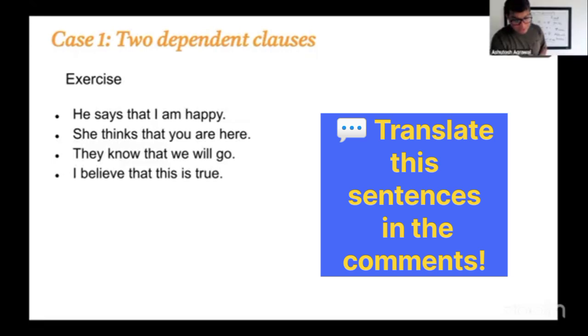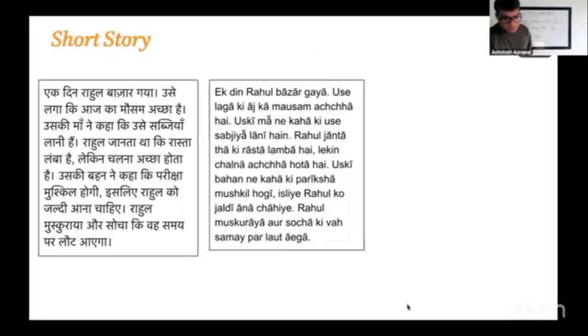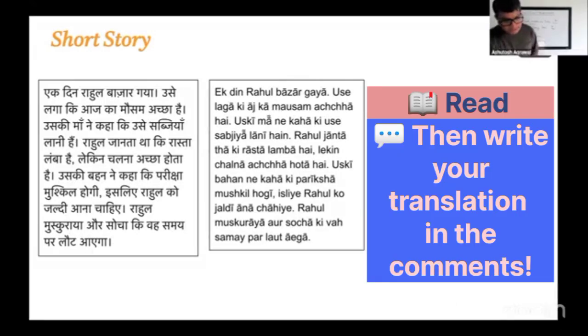I'm going to give some exercise to all of you. These are simple. Again, I deliberately keep the verbs simple: says, to say, to think, to know, to believe. And Mia did believe, so I hope you all remember the word for that. So it's a paragraph for all of you. You will see a good use case of the conjunction "ki" throughout the paragraph.